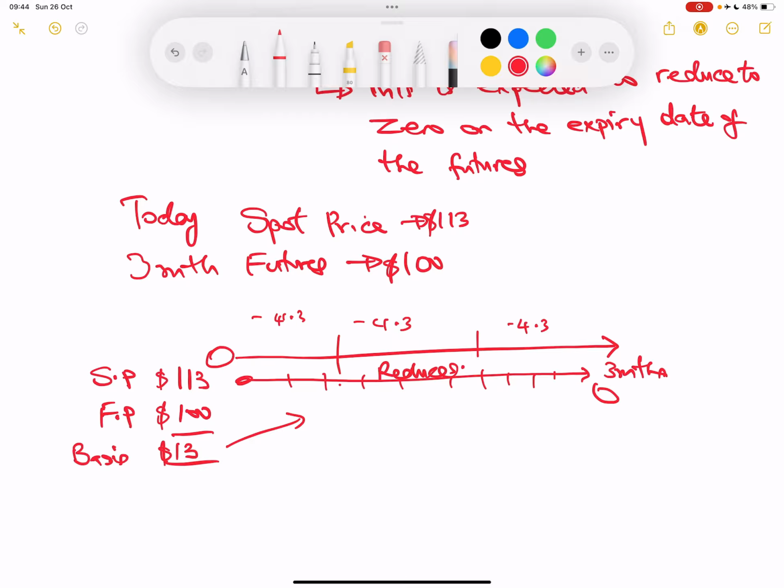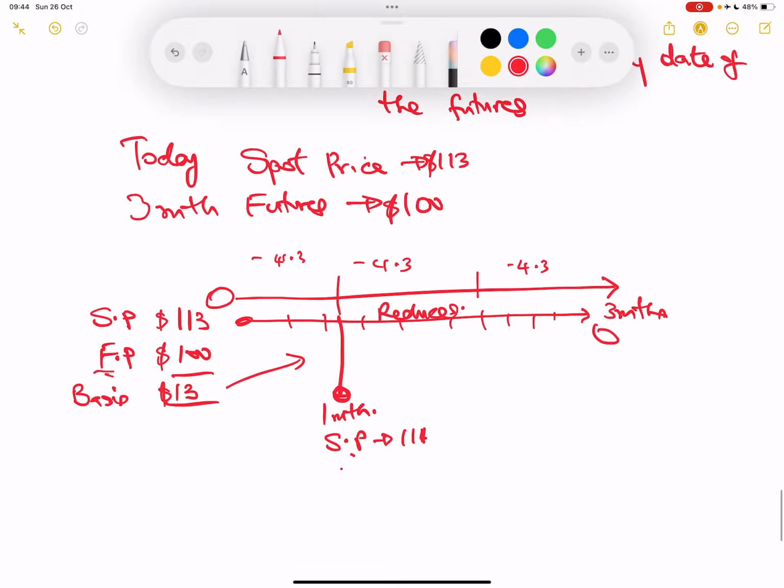So if we pick today at 1 month's time, and we ask what is the spot price in 1 month, and how is this future trading now? If spot price has changed to maybe 111, then we can determine what the future price should be trading at, because we know that on this date, our basis should be 13 minus 4.3 already.